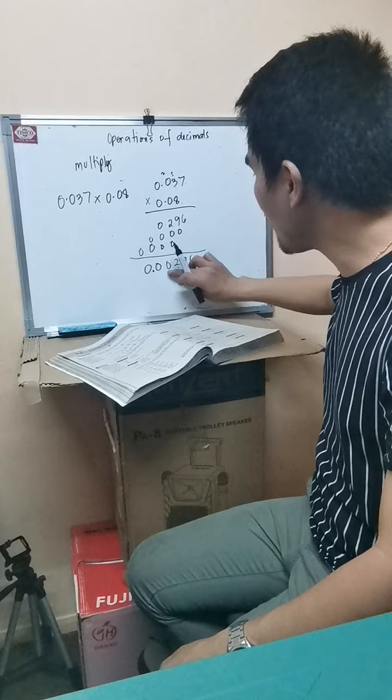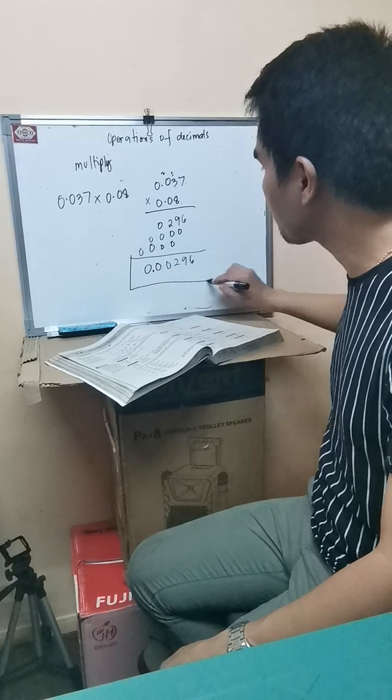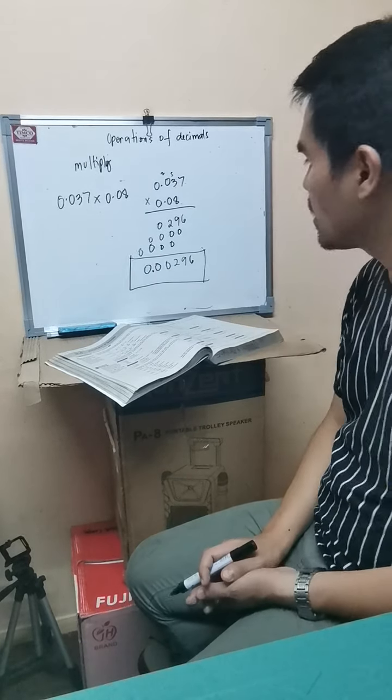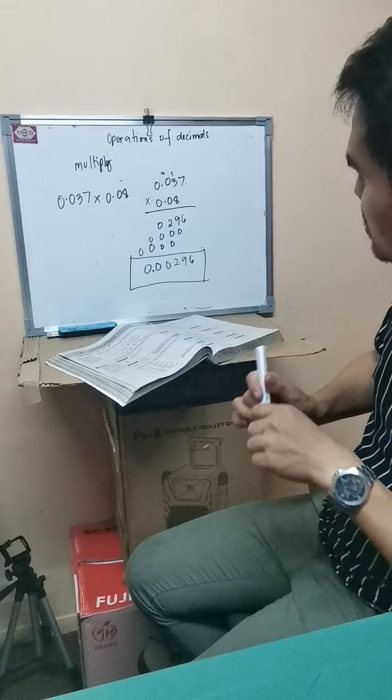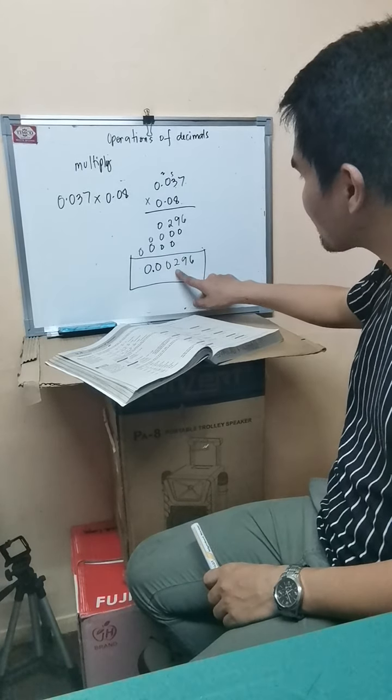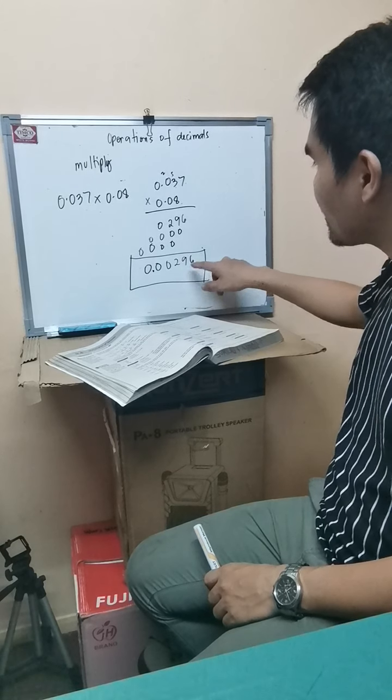So, our final answer now is this one. We have 296. How do we read this one? Tens, hundreds, thousands, 10,000, 100,000.